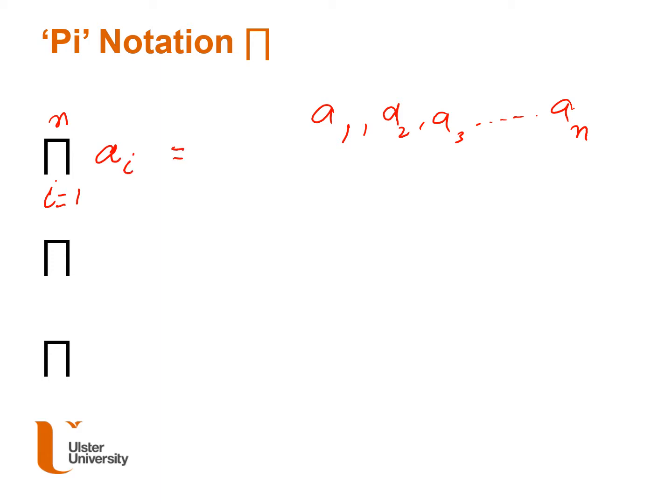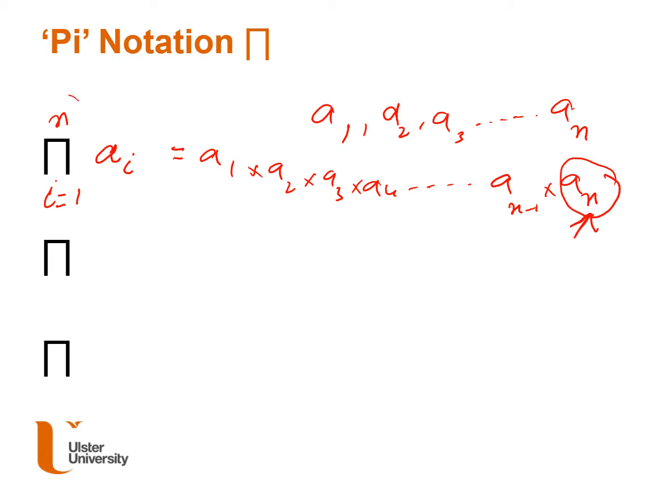There's a way of writing them out, and it would be a1 multiplied by a2 multiplied by a3 multiplied by a4 and so on, a n minus 1 multiplied by a n. We know that n is the last term, so a n would be the last term.